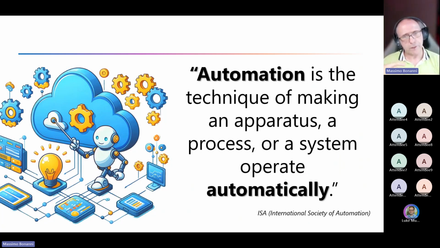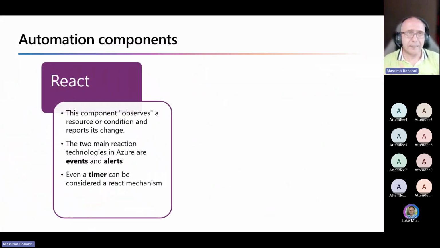So we need to find a way to understand that something happened and then react to do something. So we need two components for the automation. The first one is the component that observes a resource and observes a condition over a resource, understands a change of this resource, and then allows us to do something.